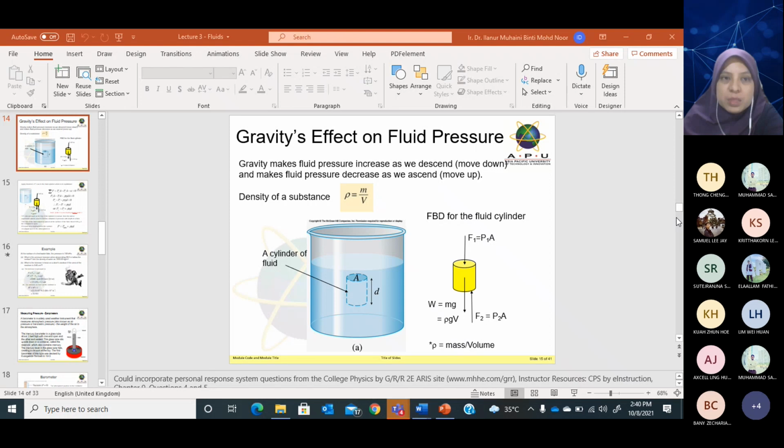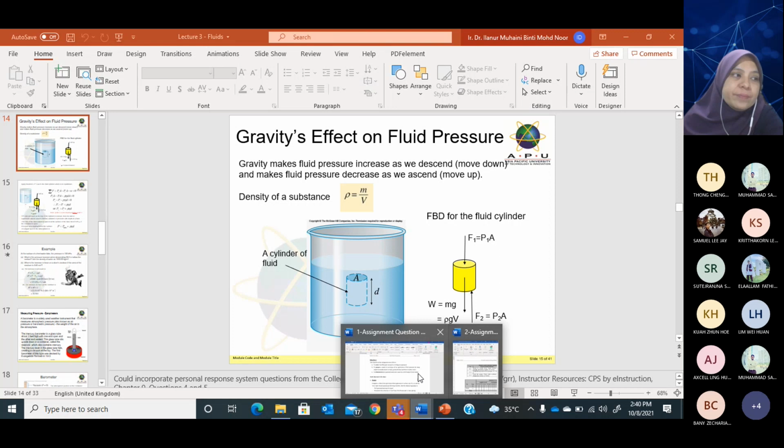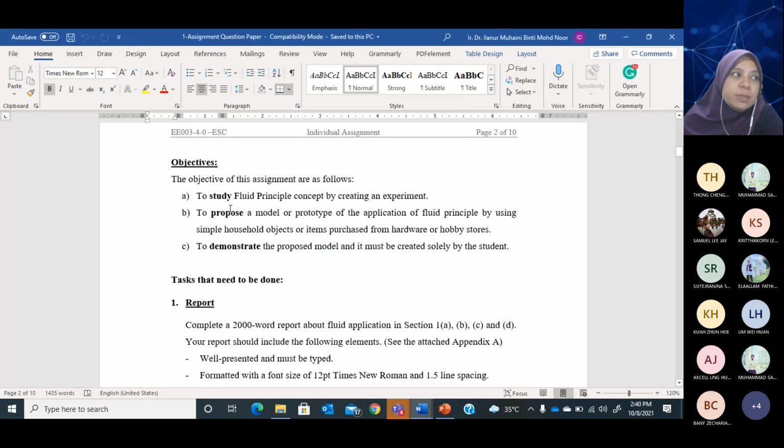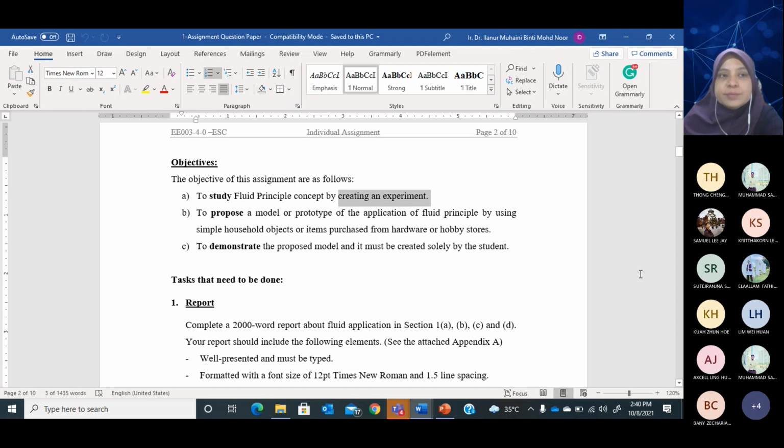If you lazy to measure the volume, you can buy any product which already have the weight at the tin. For example, got the sample of document. Okay, so that is the sample to study the fluid principle concept by creating the experiment.